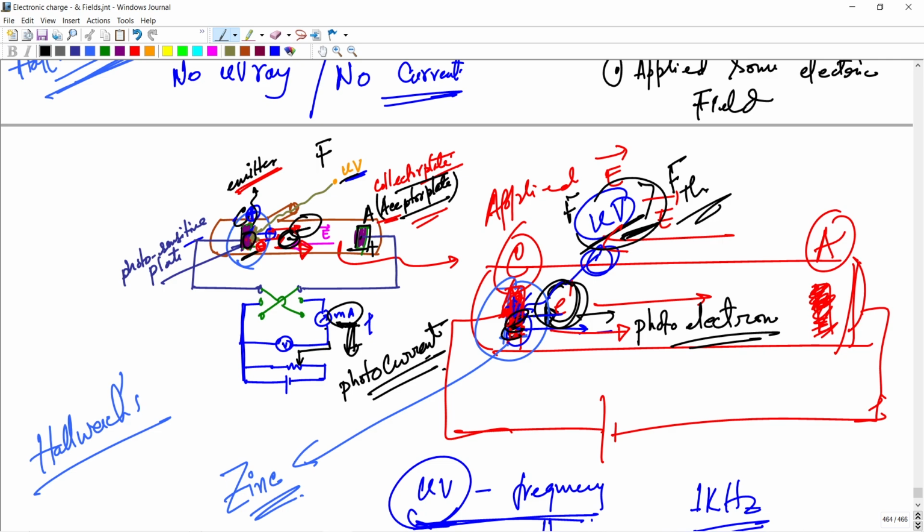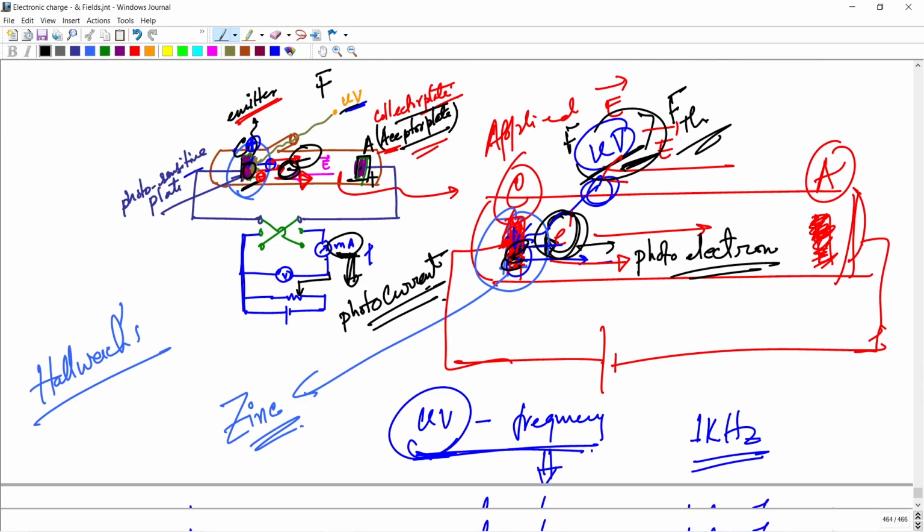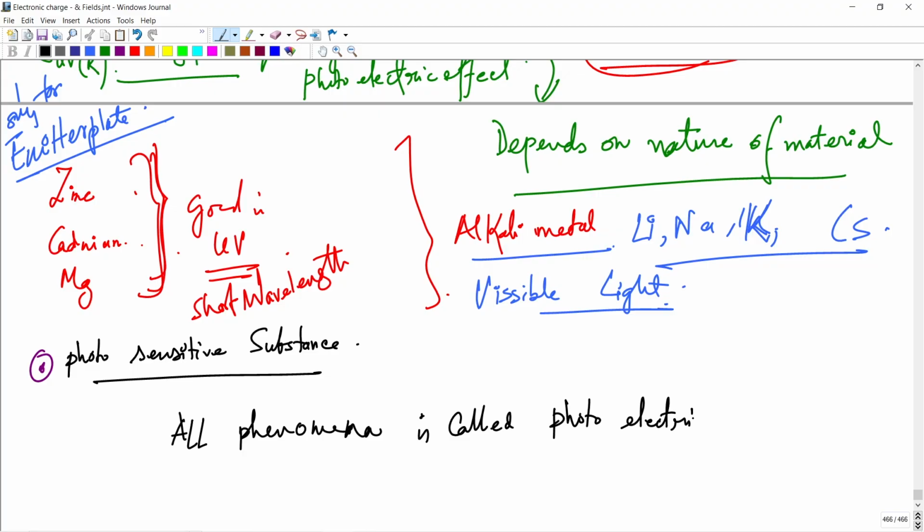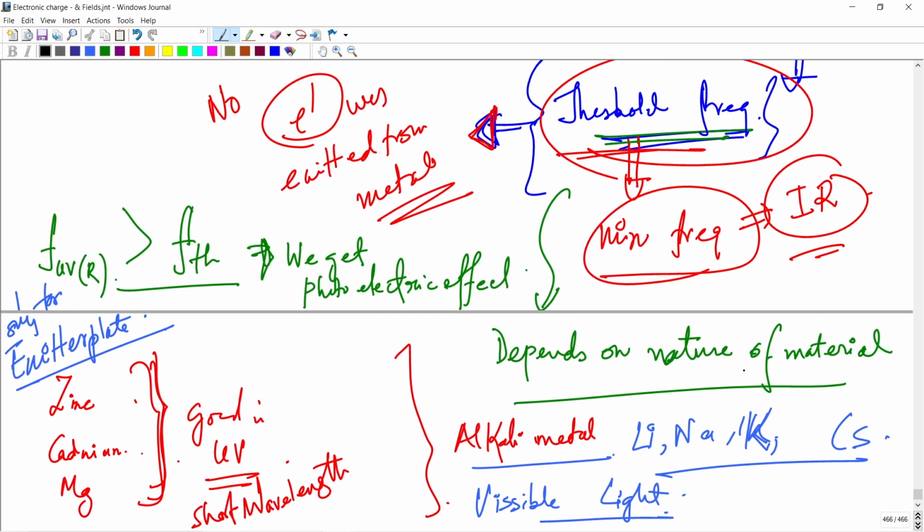And this whole phenomenon is called the photoelectric effect. Clear? What is the photoelectric effect?